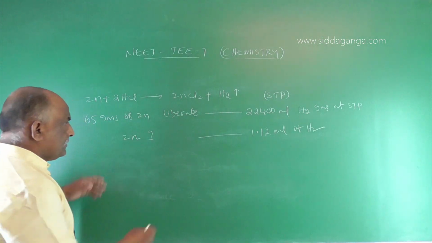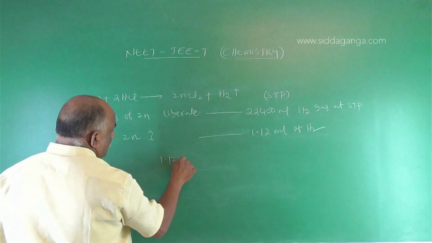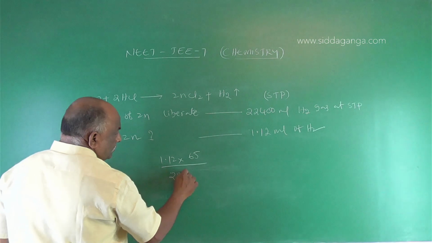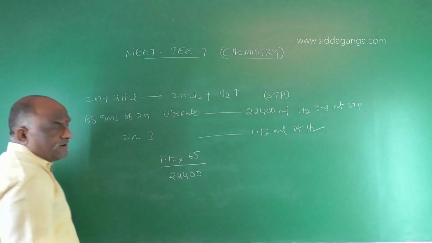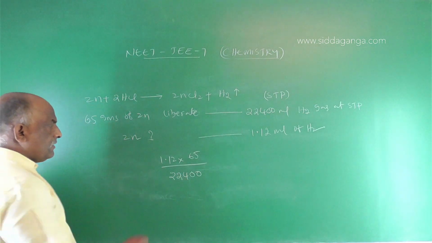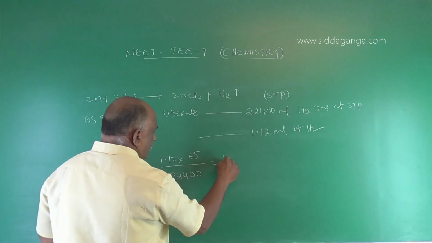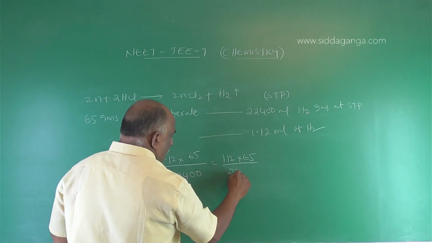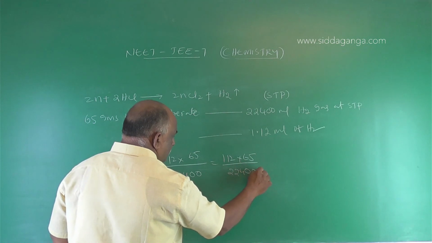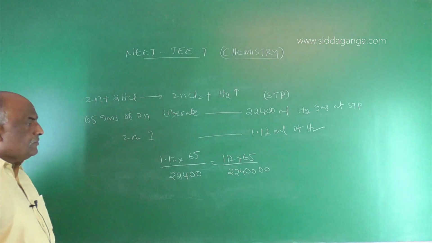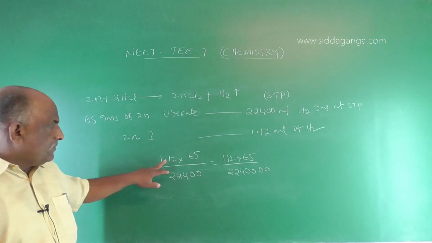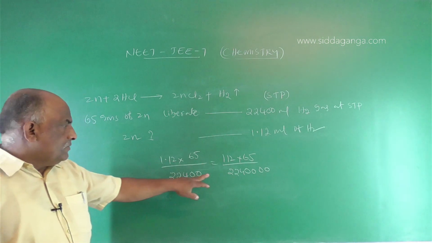Then we go with 1.12 into 65 divided by 22,400. You can remove the decimal point: 112 into 65 divided by 22,400,000, because after the decimal there were 2 digits, so you add 2 zeros.